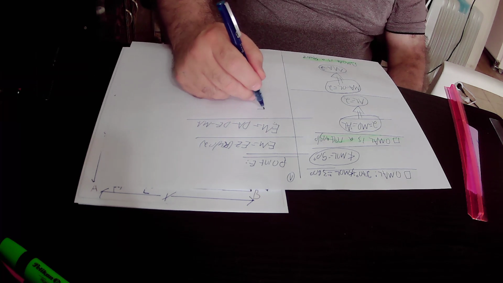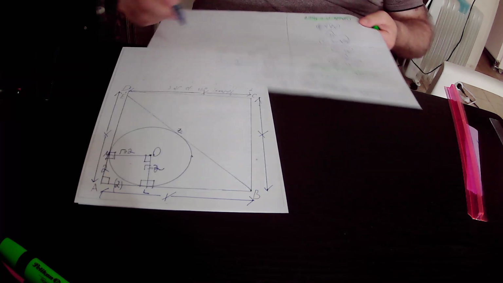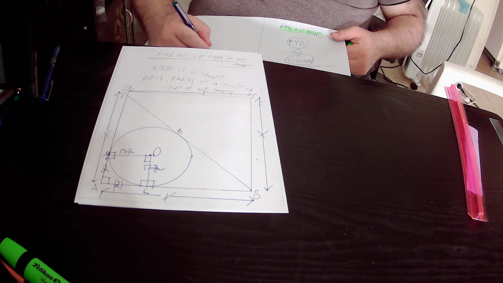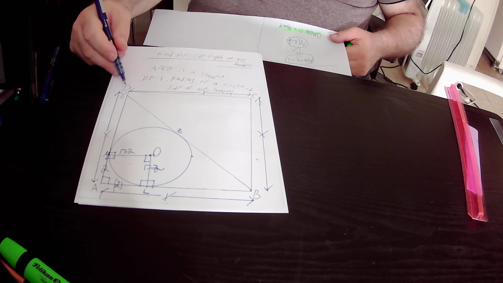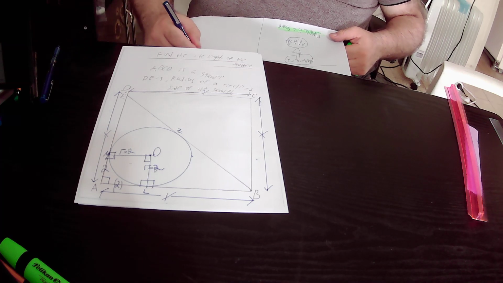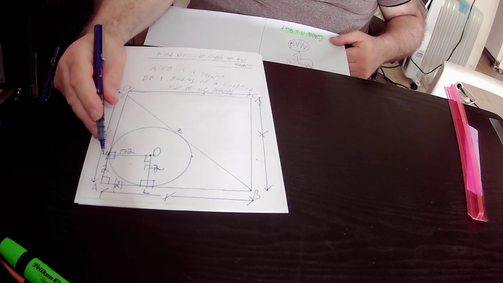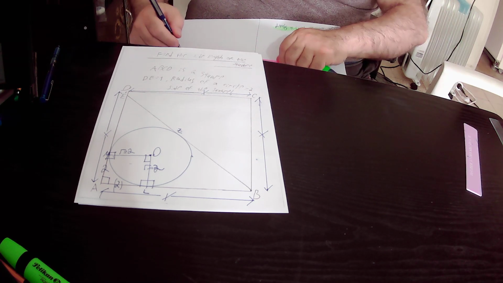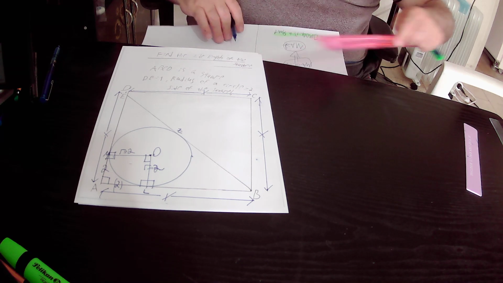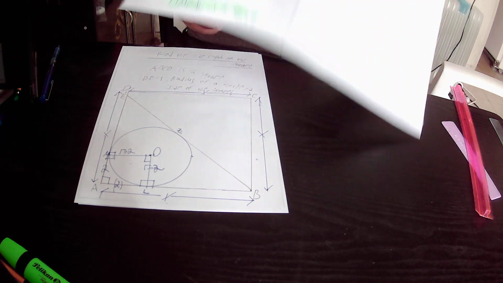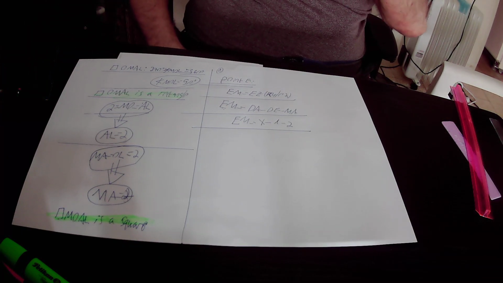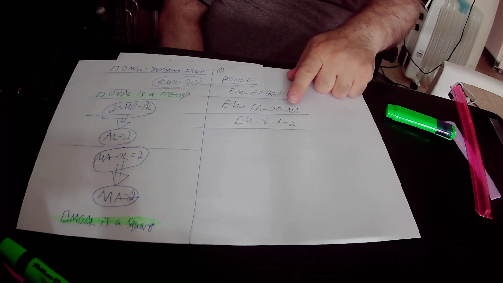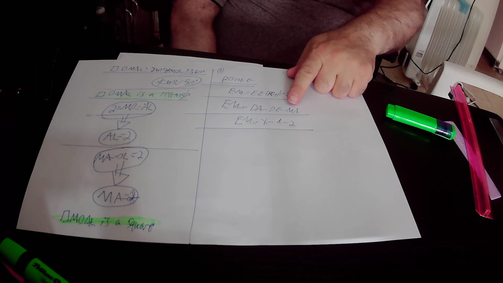So EM equals dA. dA equals x according to our definition, minus dE. dE equals 1 unit according to what is given in the question, minus MA. MA equals 2 units according to what we have already found out. So in conclusion, we found out that EM equals x minus 1 minus 2.